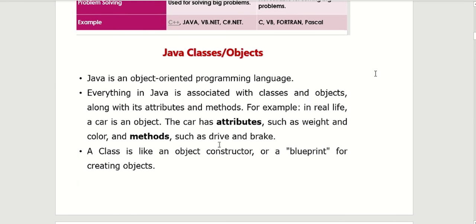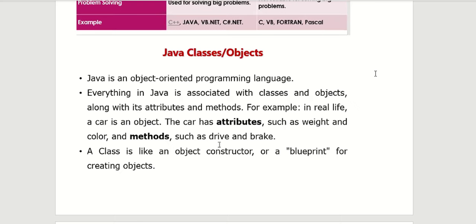First, the relation between classes and objects in Java. Java is object-oriented programming, OOP. Everything in Java is associated with classes and objects, along with their attributes and methods. For example, in real life, a car is an object that has attributes like weight and so on, and methods such as drive or brake.